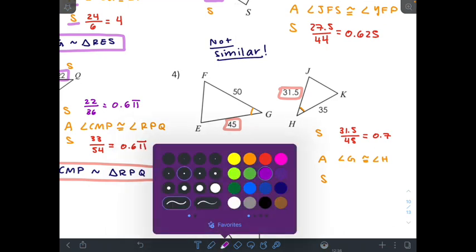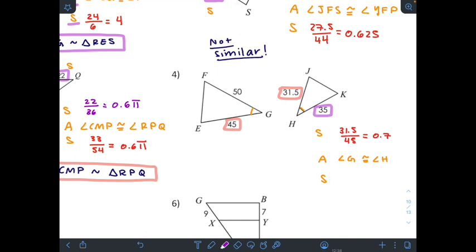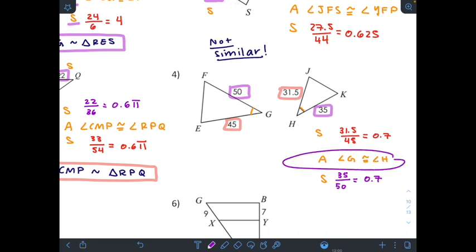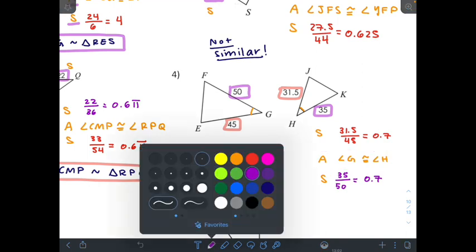So now I can compare the bigger sides. 35 divided by 50, see what I get. I also end up with 0.7. So again, we've checked that we have 2 sides that are proportional. The angle between both of those is congruent.